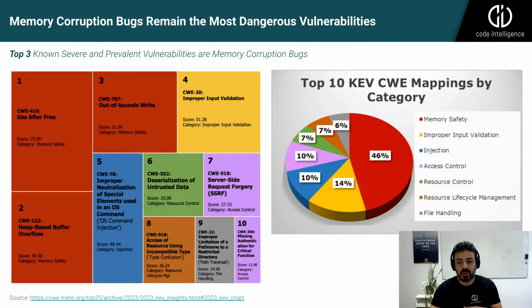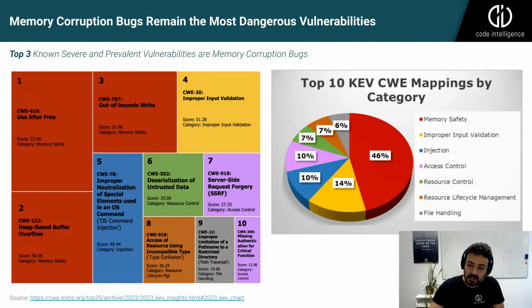If we take a look at the bigger picture, we still see that memory corruption bugs, which is the higher-level category of out-of-bound memory access, are still among the most relevant and severe types of bugs that can happen.